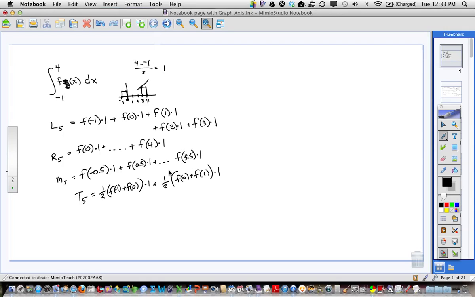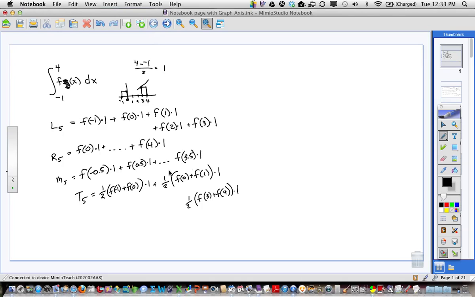Because if you're doing a trapezoid, f of 0 is the right edge of the first trapezoid and the left edge of the second trapezoid, right? So you end up using them twice. Matter of fact, you'll use them all twice, except the first and the last, right? So your very last one would be 1/2 f of 3 plus f of 4 times 1.